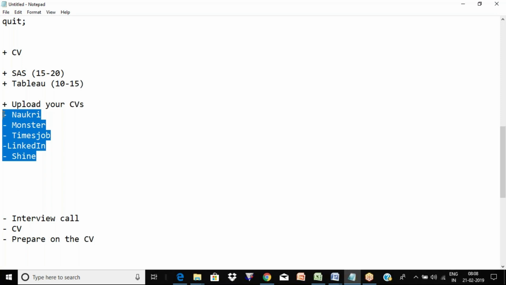But we have to go and modify it very frequently. So what do you mean by go and modify it frequently? Let's say, Vamshi, upload the CV once in a week. That's what you're trying to say. Yeah.